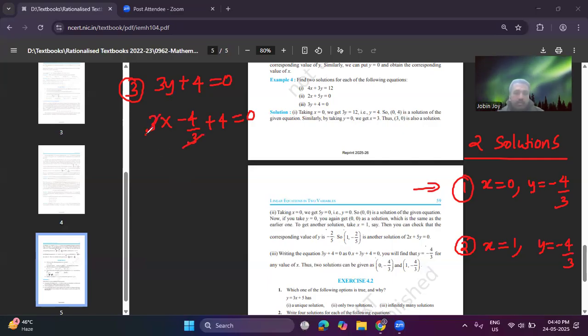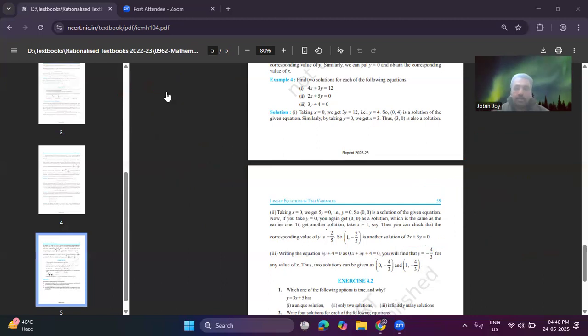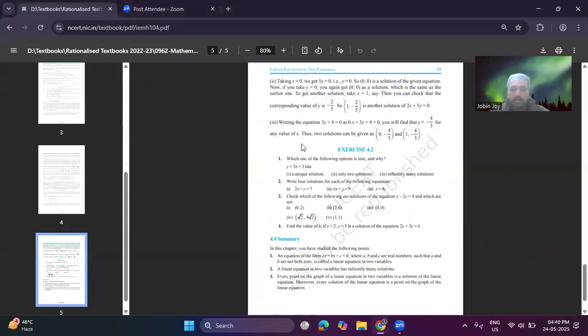So this 3 cancel. So minus 4 plus 4 equal to 0. So 0 equal to 0. So this is the second solution of the given equation 3y plus 4 equal to 0. Next, we will do the exercise problems.